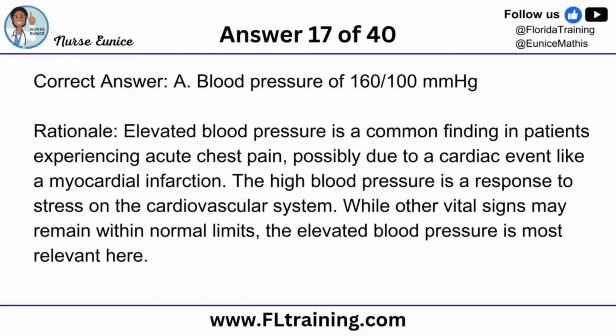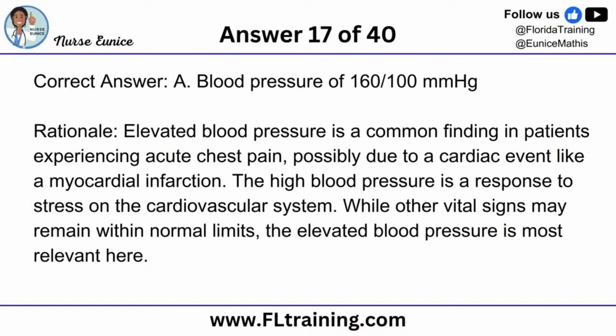And if you chose A, great job. This person is having cardiac issues. An elevated blood pressure is a common finding in patients experiencing acute chest pain. Remember, pain causes the vital signs to increase, including the blood pressure and the heart rate. So possibly due to a cardiac event like a myocardial infarction, aka a heart attack.